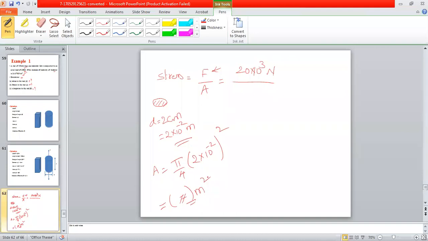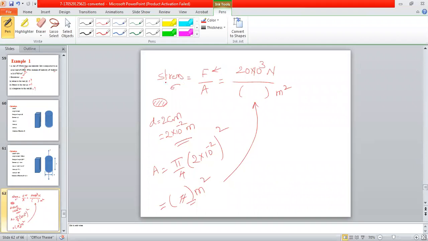After finding this area, we need to substitute the area in meter square. Therefore, I can find the stress.